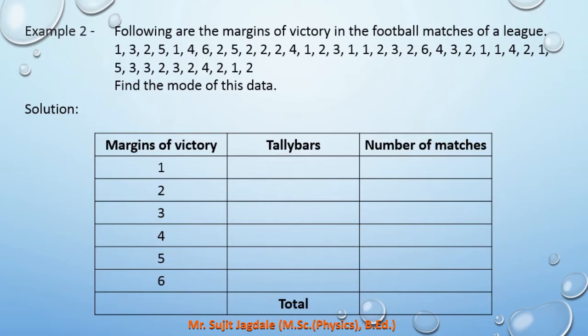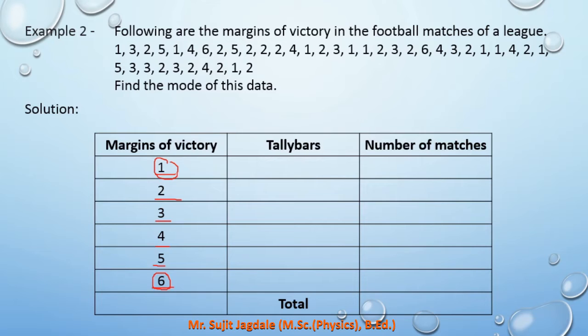Okay, now first of all, what is the lowest margin of victory? I think it is 1. Then 2, 3, 4, 5 and 6. So the highest margin of victory is 6 and the lowest is 1. So we have recorded the margins of victory in the table in ascending order: 1, 2, 3, 4, 5, etc. Okay.